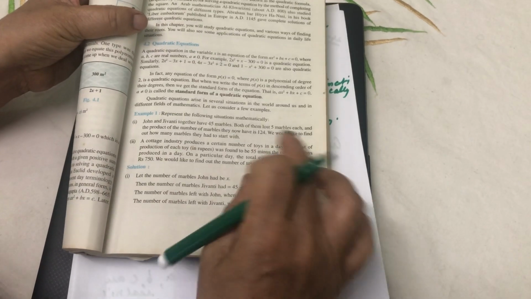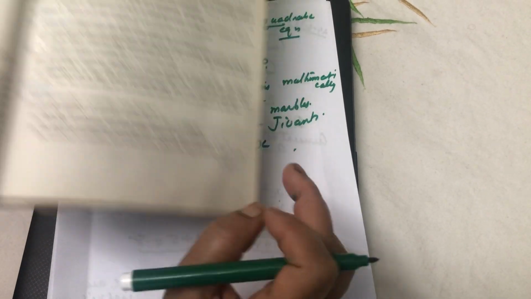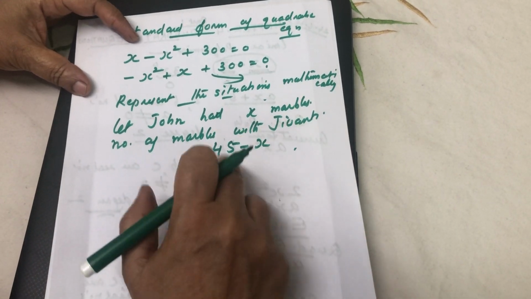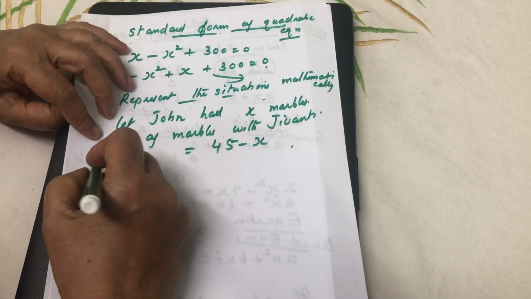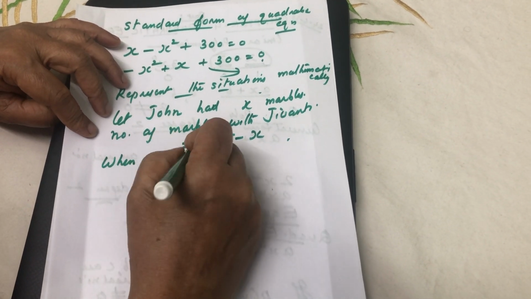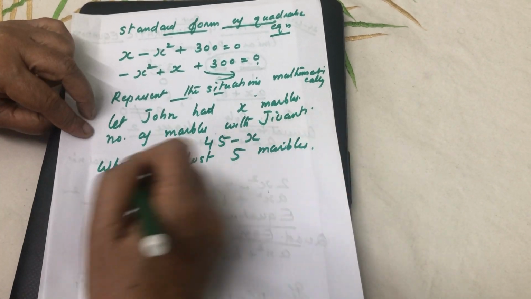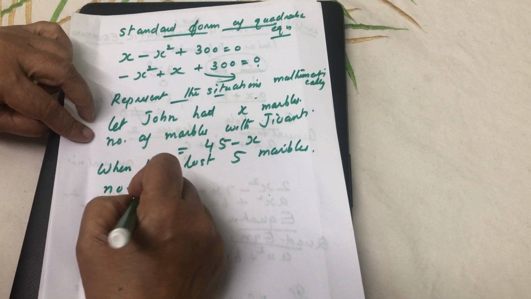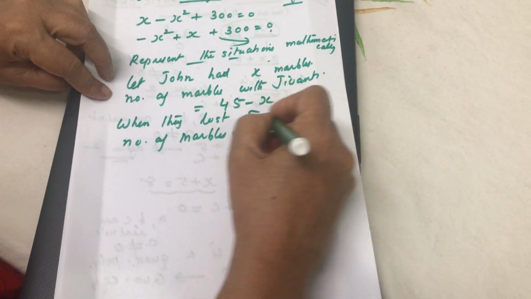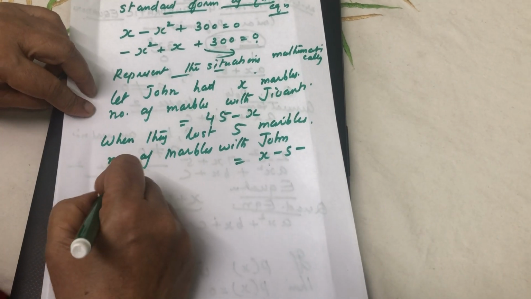And then the condition given, both of them lost 5 marbles each. So John is losing 5 marbles and Jivandi is losing 5 marbles. So when they lost 5 marbles, the number of marbles with John is X minus 5.